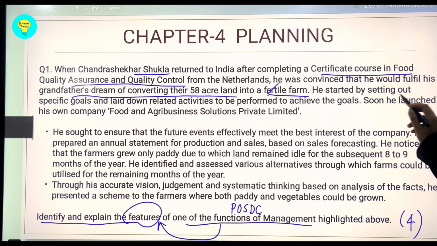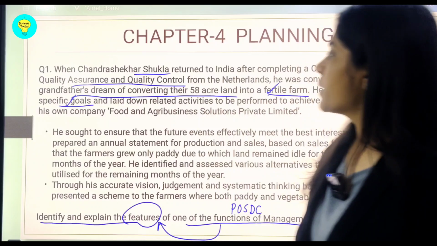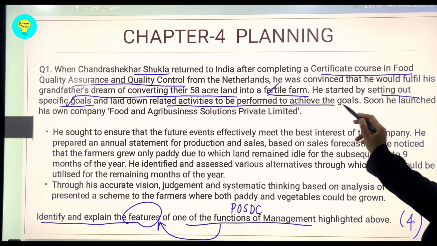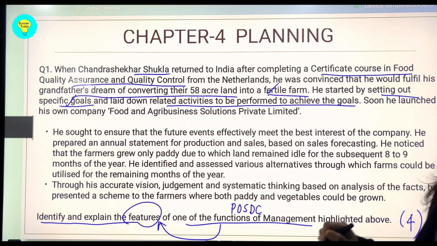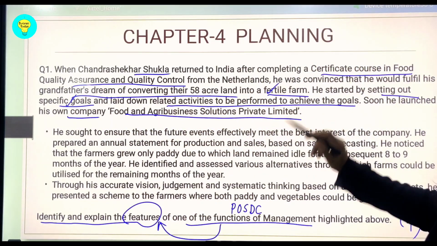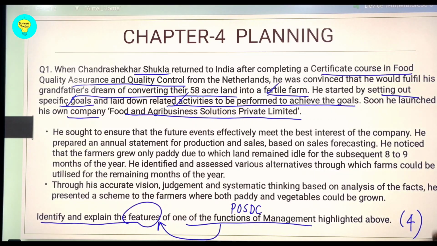He started by setting out specific goals. So you see, he's setting up objectives, laid down related activities to be performed to achieve the goals. Soon he launched his own company, Food and Agricultural Solutions Private Limited. So he has set up his goals and he's working on all the related activities, and finally he has come up with his own company on this name. It's a private limited company.